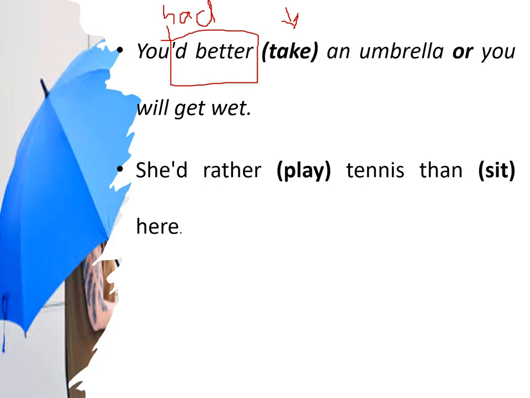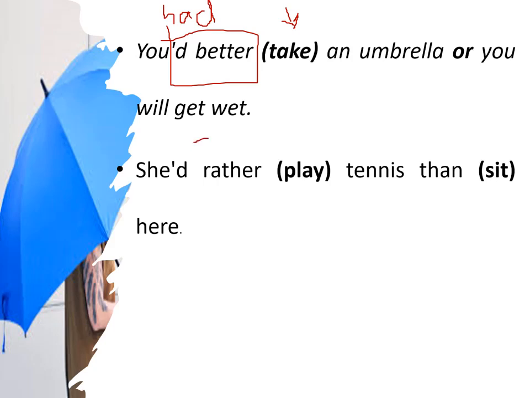Okay. The second sentence is she would rather play tennis than sit here. If you get two options, two actions, and someone says that this is better than doing the other thing, in that situation, if there is something compared or contrasted, or any suggestion to do something rather than doing the other thing, you will use would rather, then.